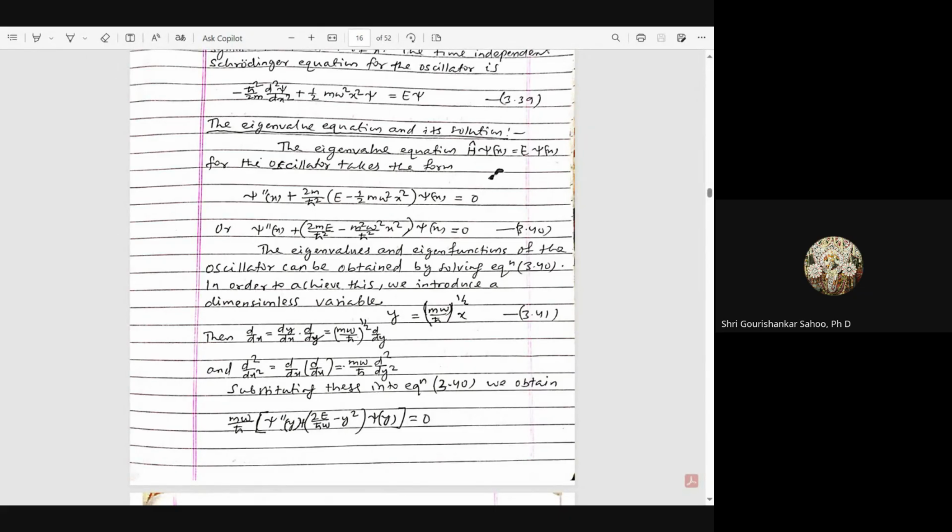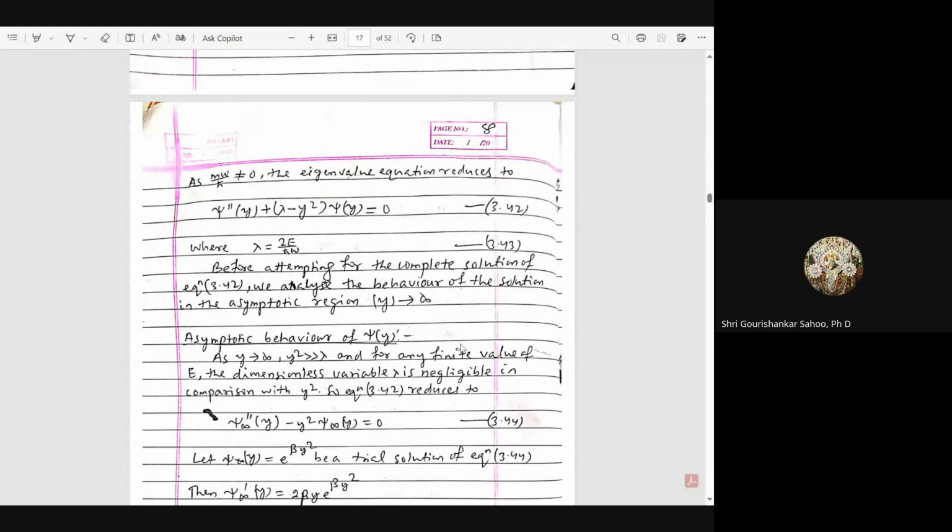Now substitute these two in equation 3.40 and you will get m omega by h cross times psi double dash plus 2E by h cross omega minus y square psi equals 0. Since m omega by h cross is not equal to 0, the eigenvalue equation reduces to psi double dash plus lambda minus y square psi equals 0, where lambda equals 2E by h cross omega. Before attempting the complete solution of this equation, we analyze the behavior of the solution in the asymptotic region, that is y tends to infinity.